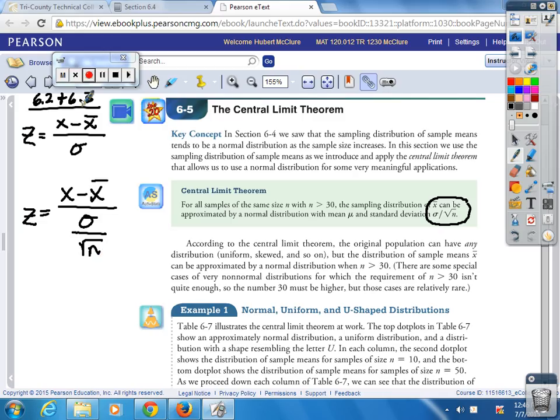So this is 6.2, 6.3. This is 6.5. Do you do everything else the same? Yes. Okay? That's usually why I don't do 6.4, because 6.4 kind of throws a monkey wrench in it because it gets you off the path of the z-score.